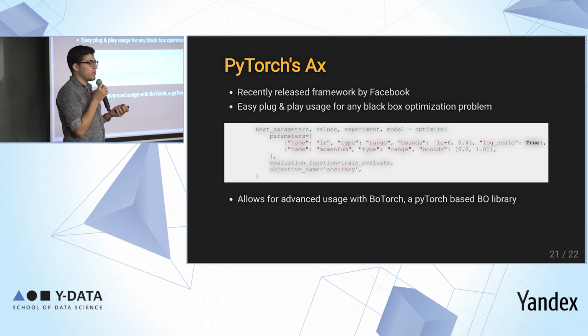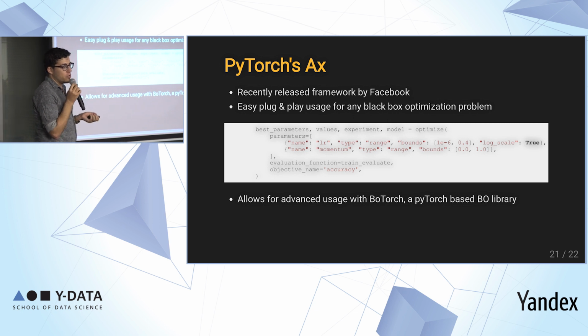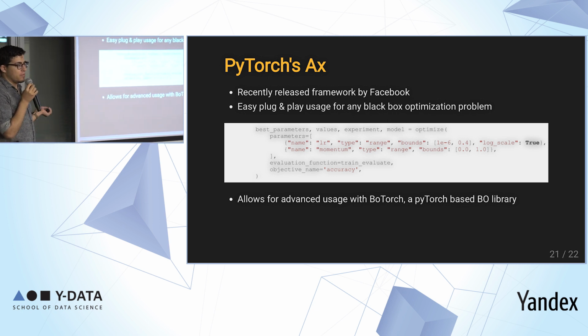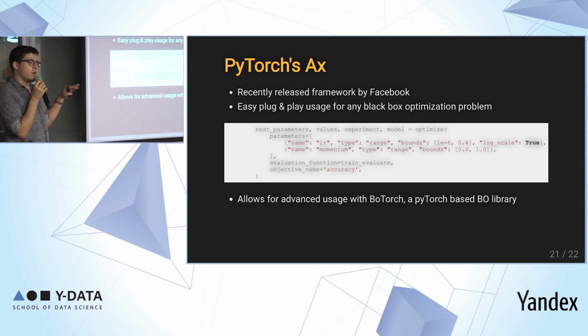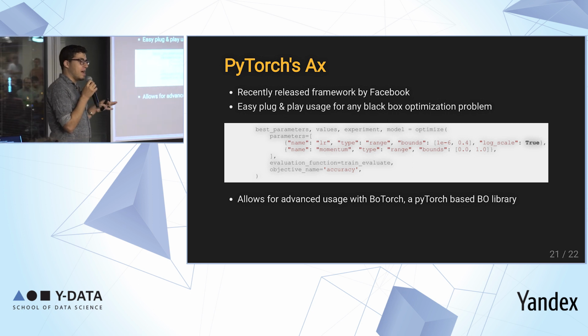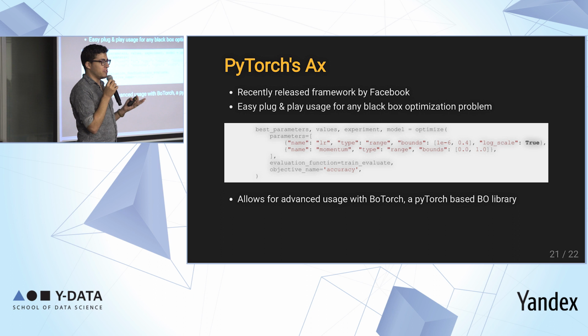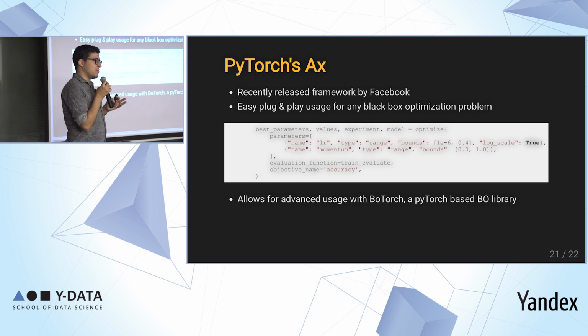So anyone who's interested in the research aspect and wants to look into various functions and so on, BoTorch is a very, very powerful tool. But for those who just want one takeaway message, go ahead, use Ax. You'll get much faster convergence in your neural networks with really not a lot of effort.